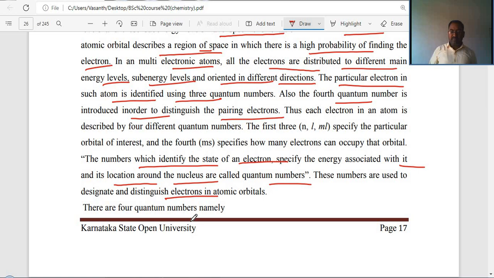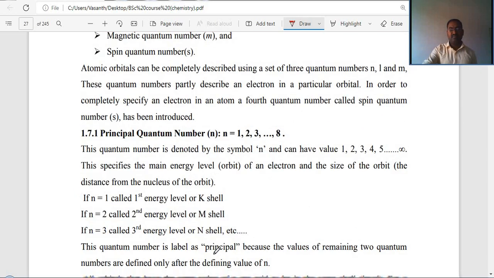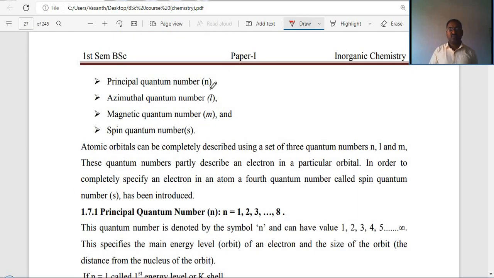There are 4 quantum numbers, namely the principal quantum number, azimuthal quantum number, magnetic quantum number, and spin quantum number. The atomic orbitals can be completely described using a set of 3 quantum numbers, meaning principal, azimuthal, and magnetic quantum numbers.